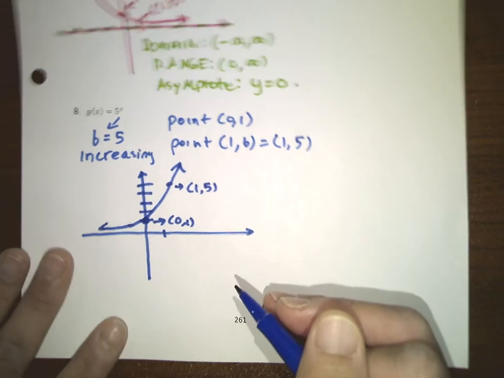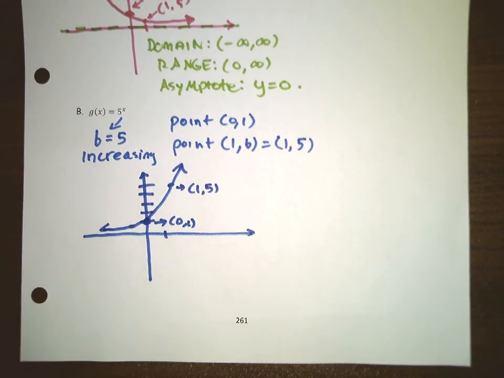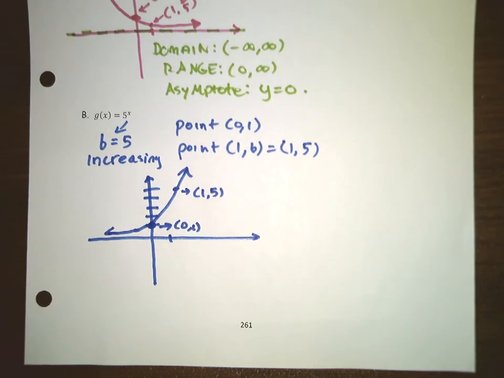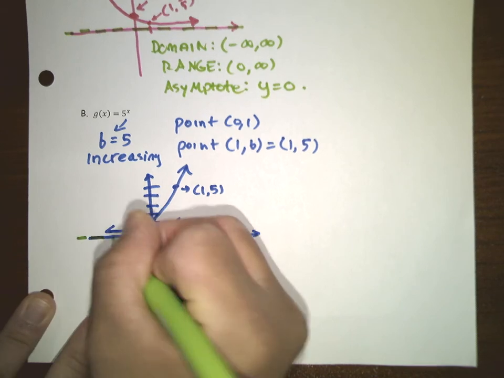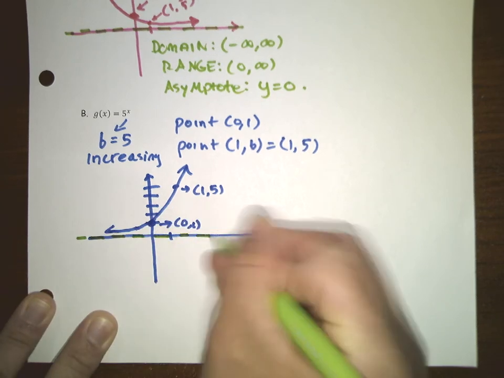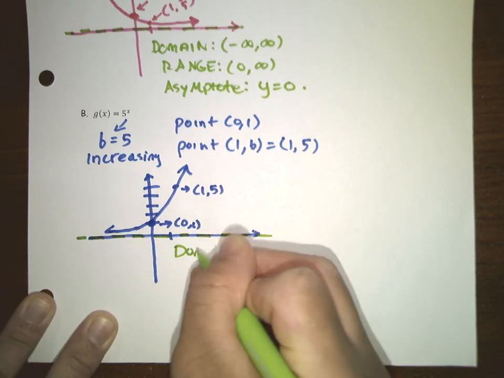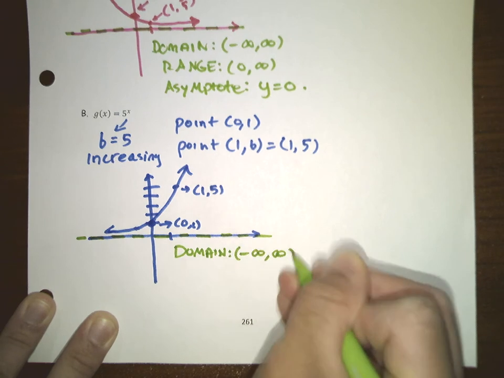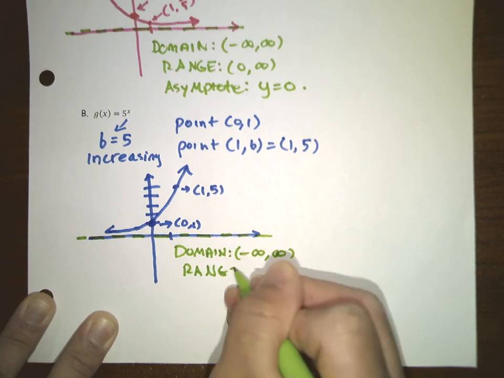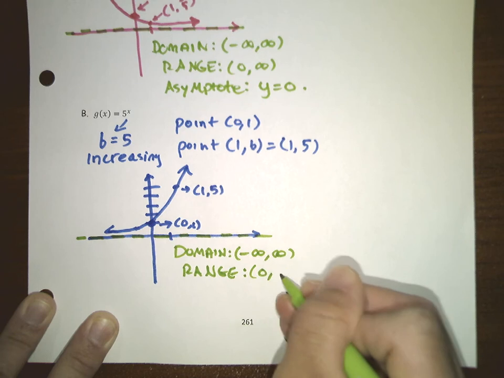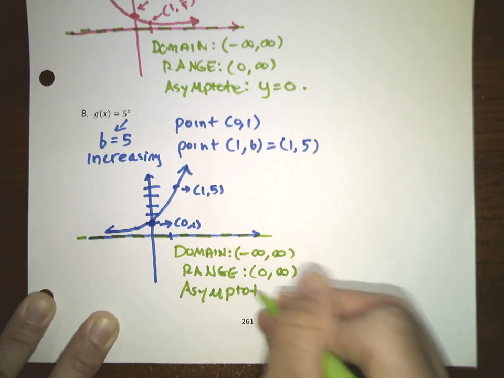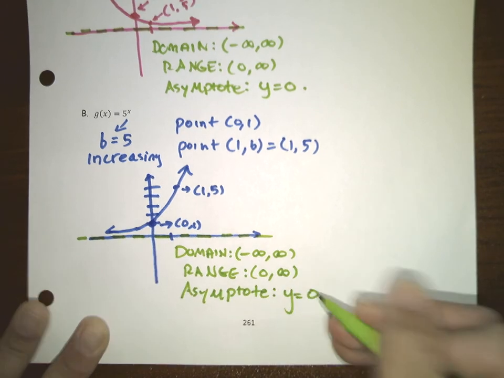The graph was increasing. And then I can write down what the domain and the range and the asymptote is for this graph. So there wasn't any shifting up or down. So the domain is negative infinity to infinity. The range is still 0 to infinity, and the asymptote is still y equals 0.